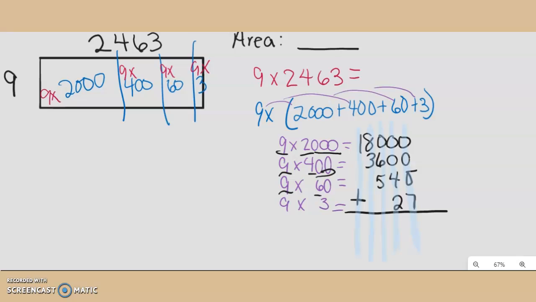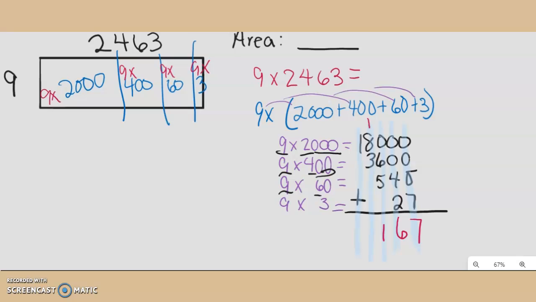We have 0 plus 7, 7 plus 0 plus 0 plus 0 is 7. We have 4 plus 2 plus 0 plus 2 is 6 groups of 10. We have 6 groups of 100 plus 5 groups of 100 is 11 groups of 100. Carry it.